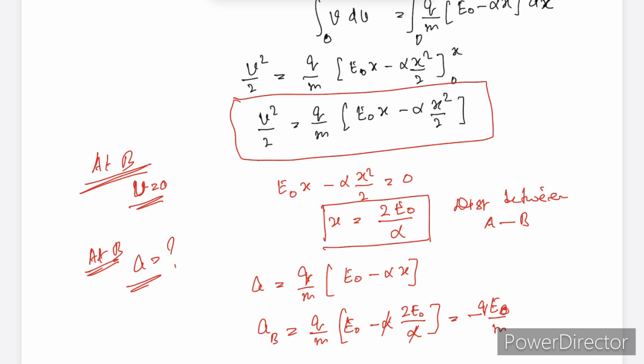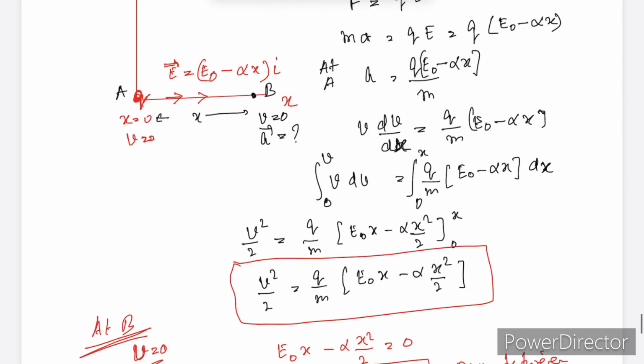So this is the acceleration, and it is coming out negative, so vectorially it is directed towards A.